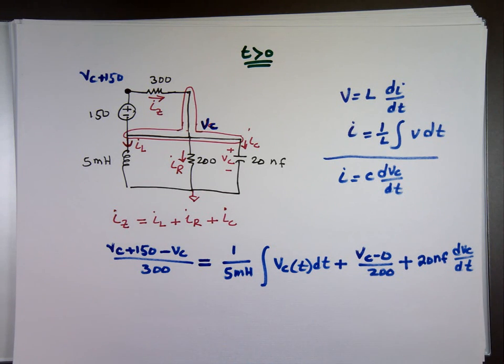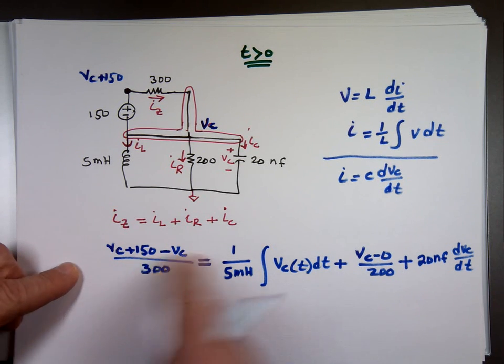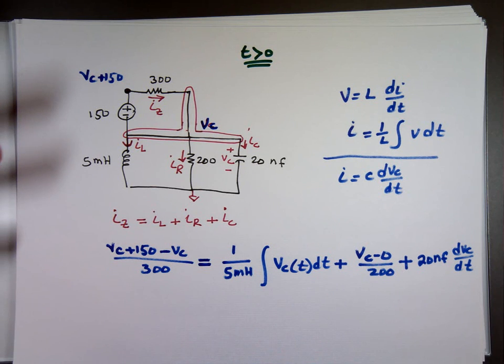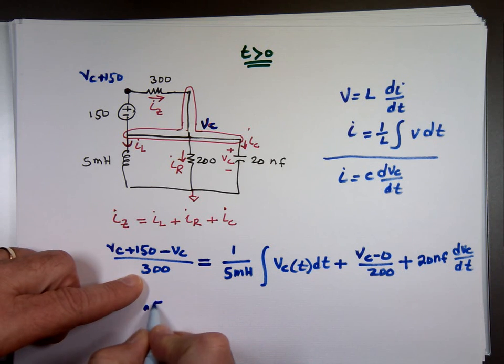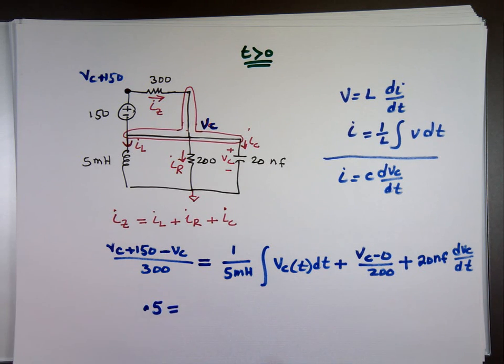It looks like a beautiful equation, huh? And now we're going to solve it. VC plus 150 minus VC is what? 150 divided by 300. What is that? 0.5. Yep. 0.5 equals 1 over 5 millihenry.